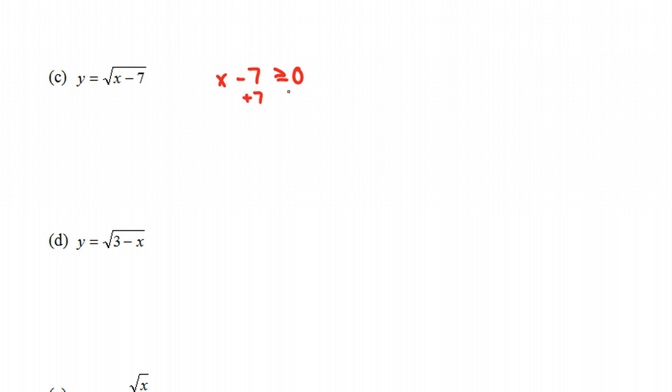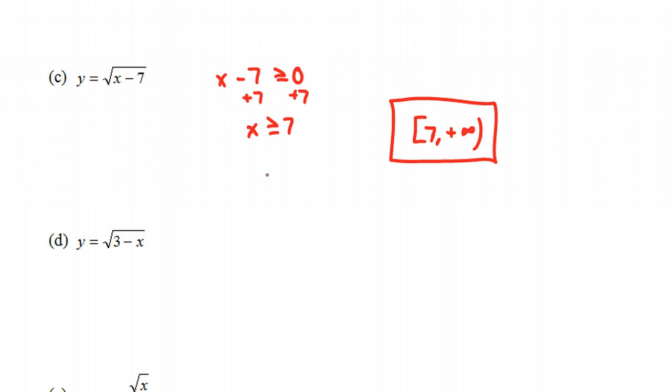Adding 7 to both sides, we see that x is greater than or equal to 7. So that's our domain, all values of x that are greater than or equal to 7. We could write this in interval notation as the interval from 7 to infinity. I put a closed bracket at 7 because it does include 7 itself.